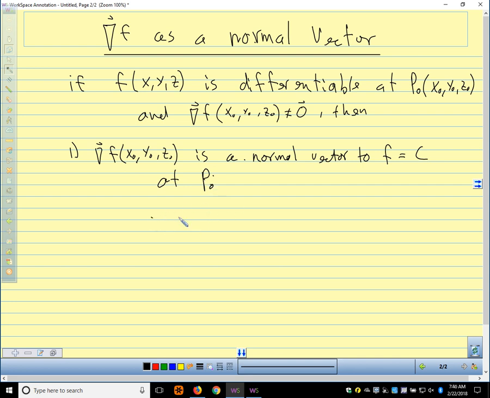And this also means that del f at p0 is orthogonal to every tangent vector to f at p0.